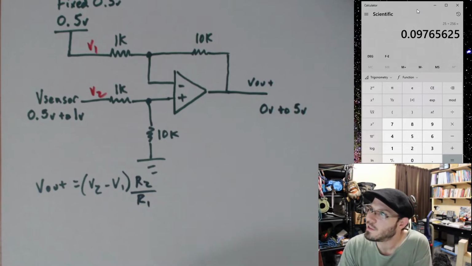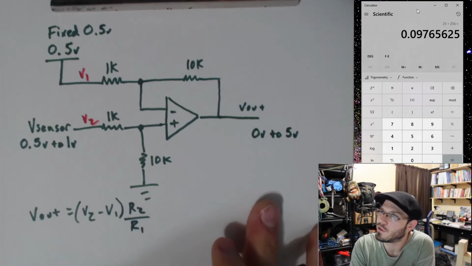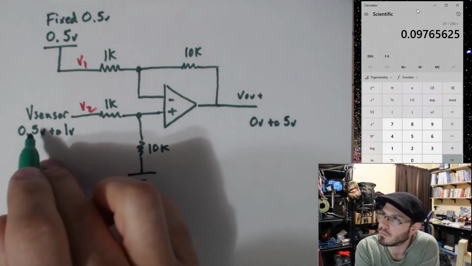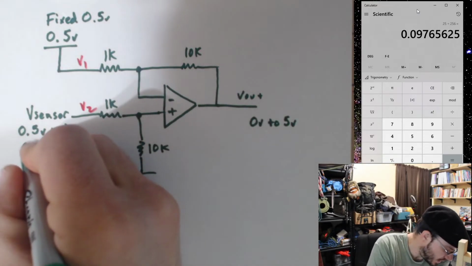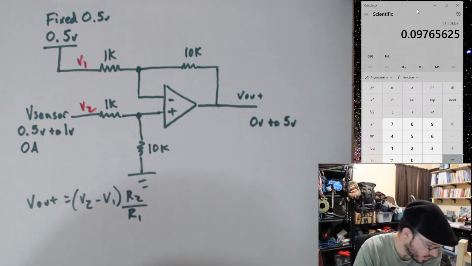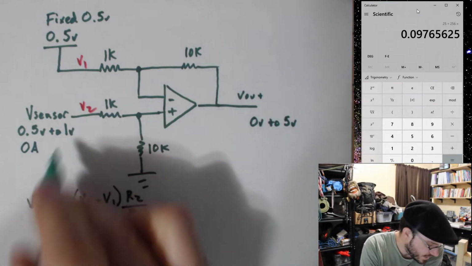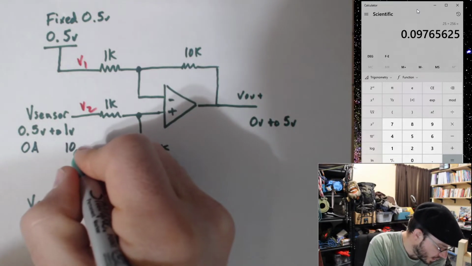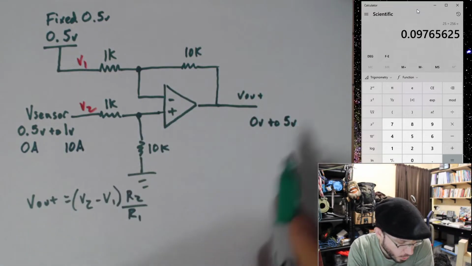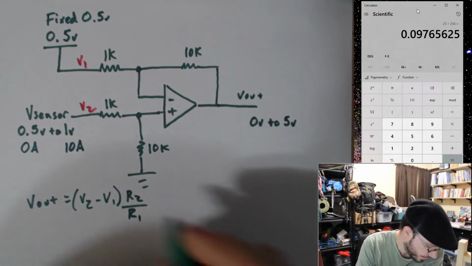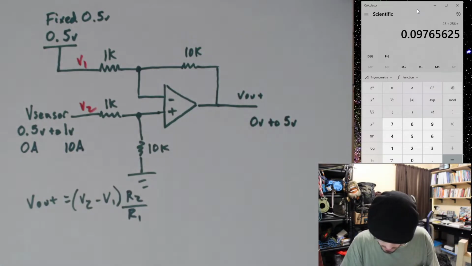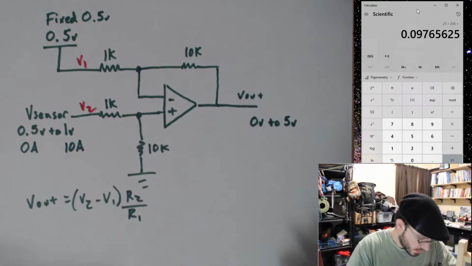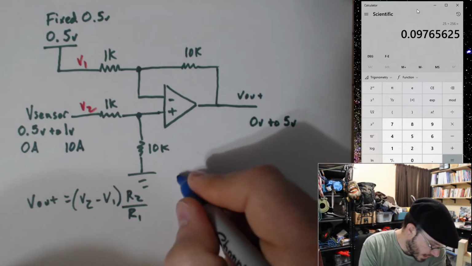And so let's just look at the extremes. When my V sensor is at its lowest point, 0 amps, what do I get? And when my V sensor goes up to its highest point of 10 amps or 1 volt, what do I get for V out? So let's do the min case.